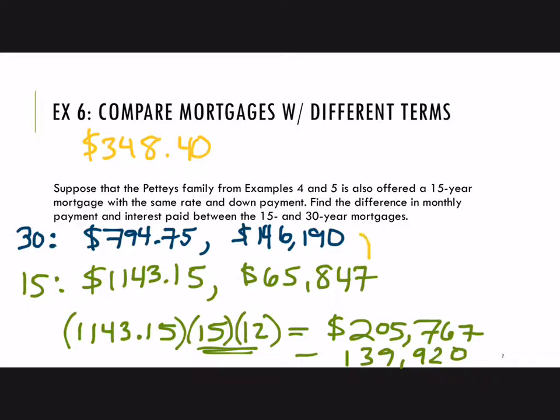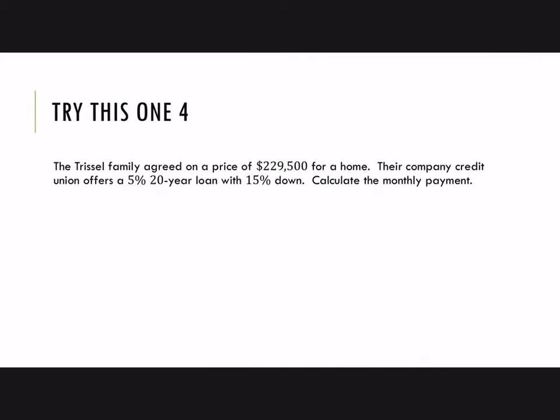The difference between these two is that they saved $80,343. So if you can pay a bit more per month on this mortgage, then ultimately that's better. I will pause there, and in the next video I will do several more examples of this same concept.